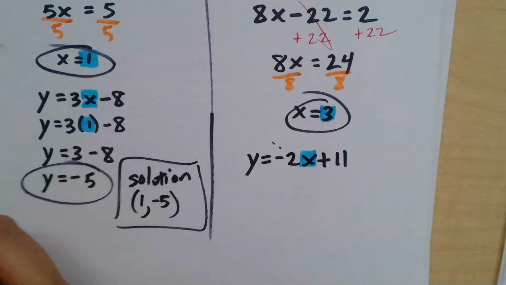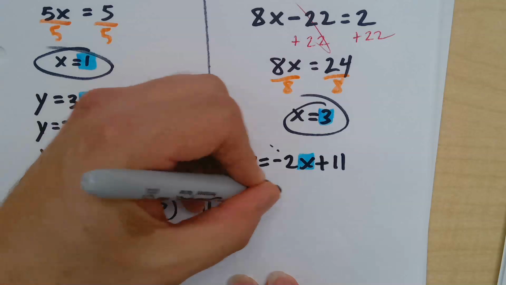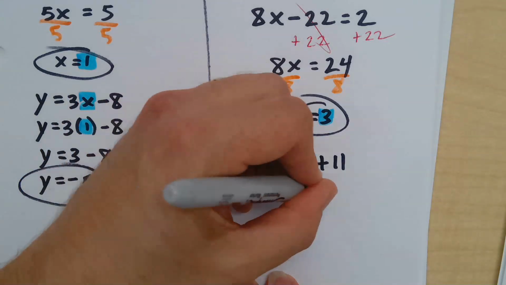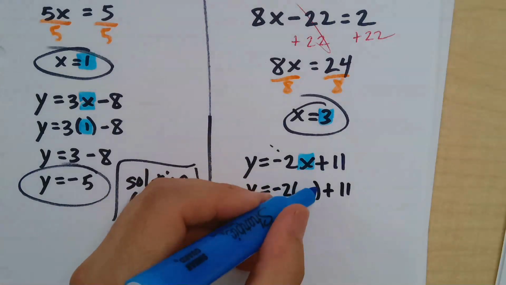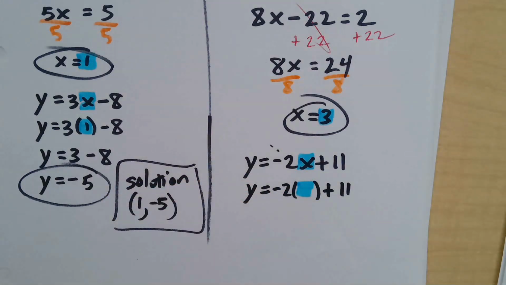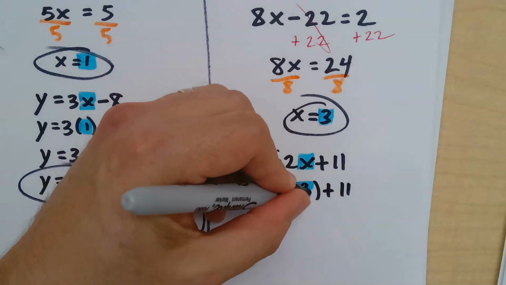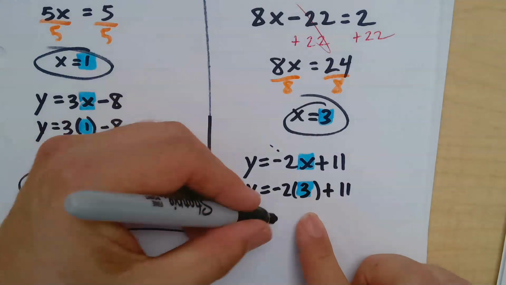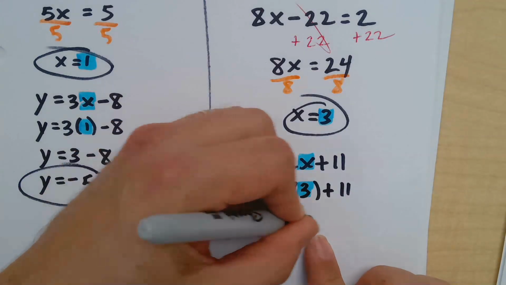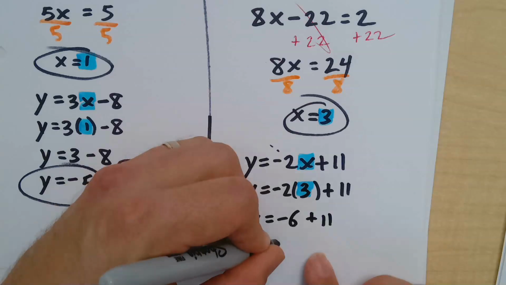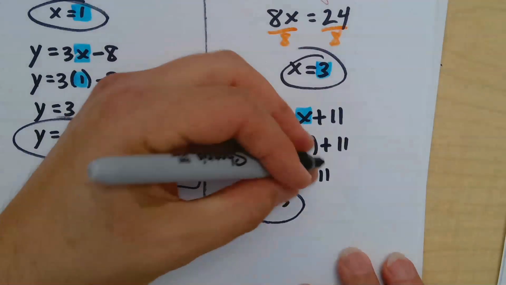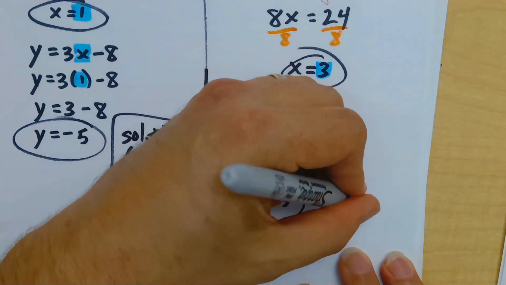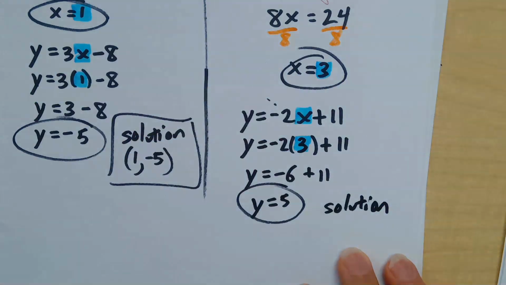So now I've got y equals negative 2 times, instead of x, I'm now writing a 3. So negative 2 times 3 gives me negative 6 plus 11, so I get y equals 5. So my solution is 3, 5.